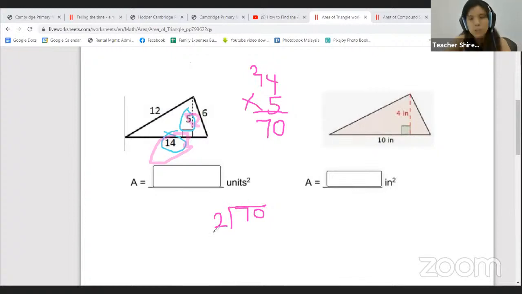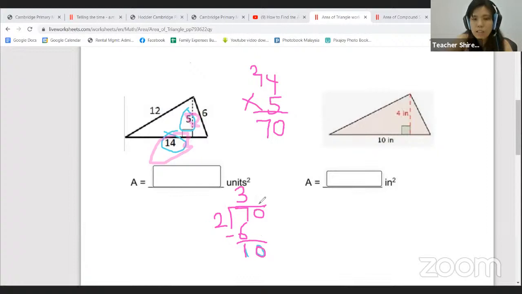1, 2, 2; 3, 2, 6; 4, 2, 8. Oh, cannot. 4 is too much. So I need to put back 3. So 3, 2, 6. Oh, 7 minus 6, you get 1. Very good, Jensen.